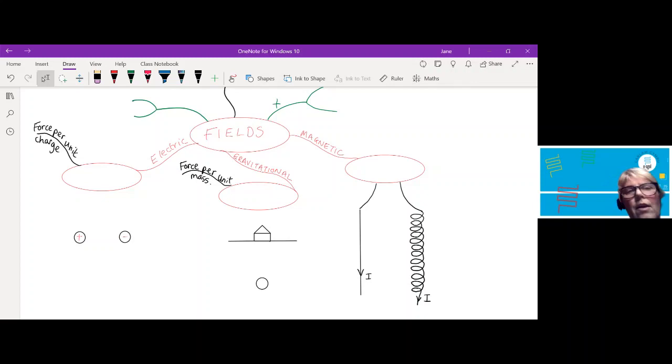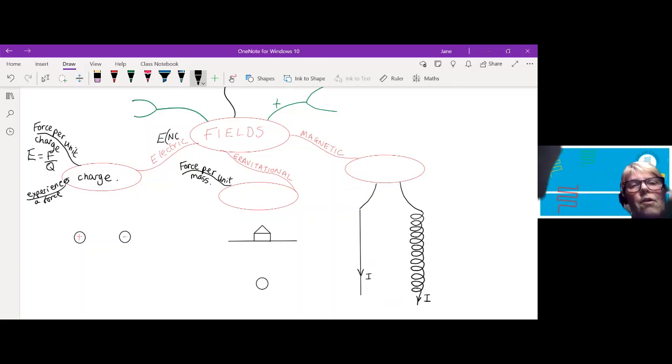For electric, you've got the force per unit charge, so it's the charge that's experiencing that force. That experiences a force in an electric field. And we can write it like this: E, the electric field, is given by force per unit charge, and so the units of that would be newtons per coulomb.